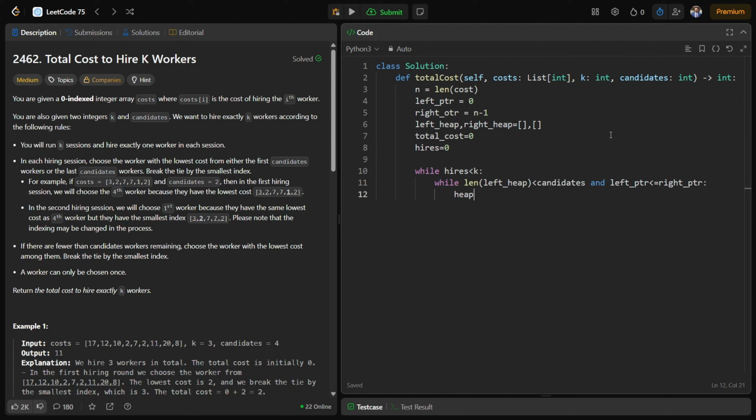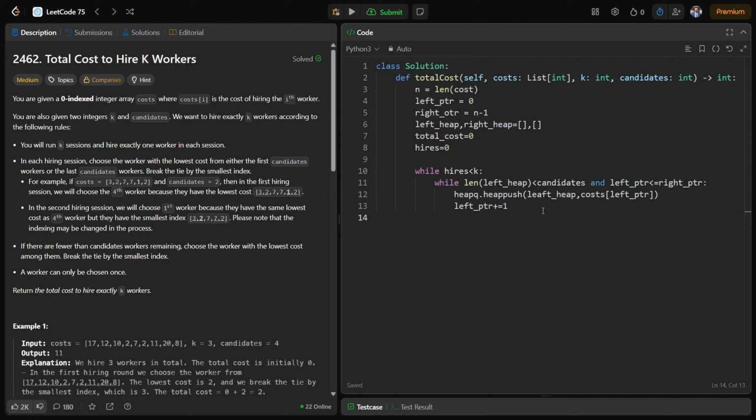What I will do, heapq dot heappush. The left heap will push the costs left PTR value. Okay, and I will increase the left PTR by 1.